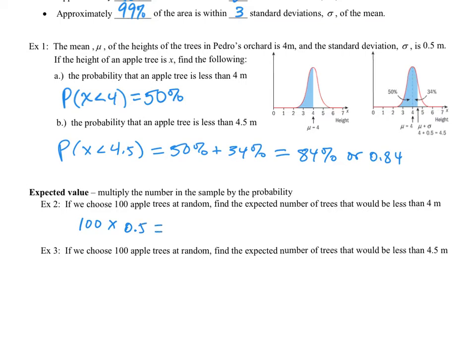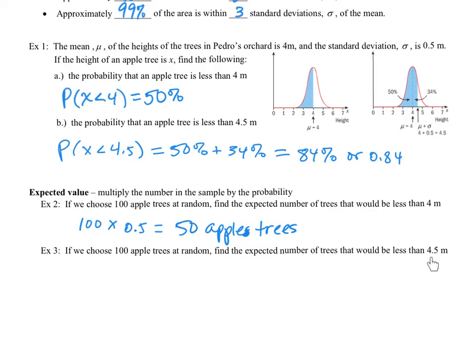So that's going to be 50 apple trees. So the expected value of how many trees would be less than 4 meters would be 50 apple trees.